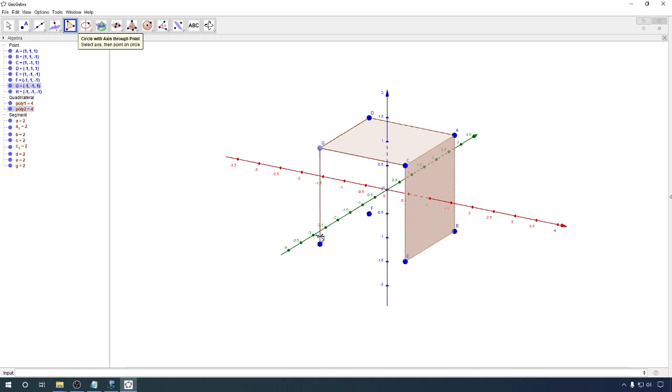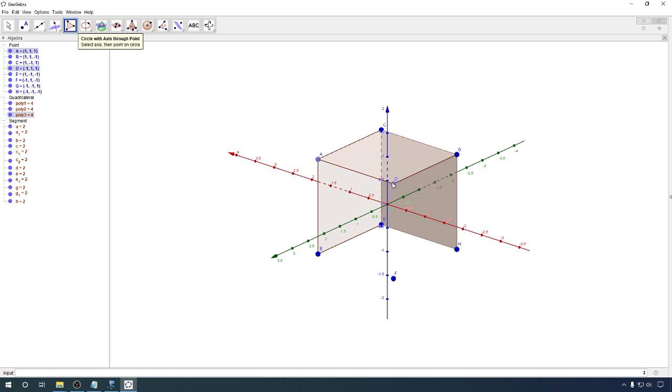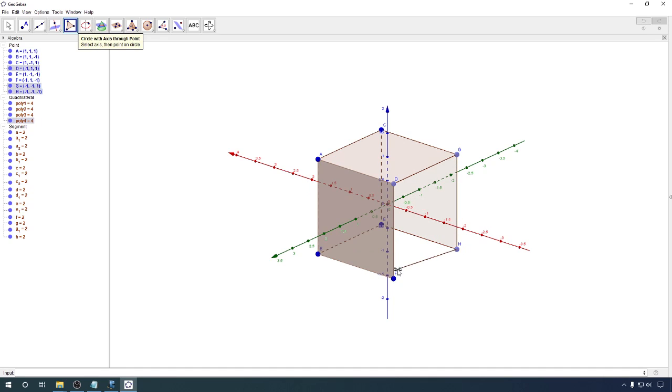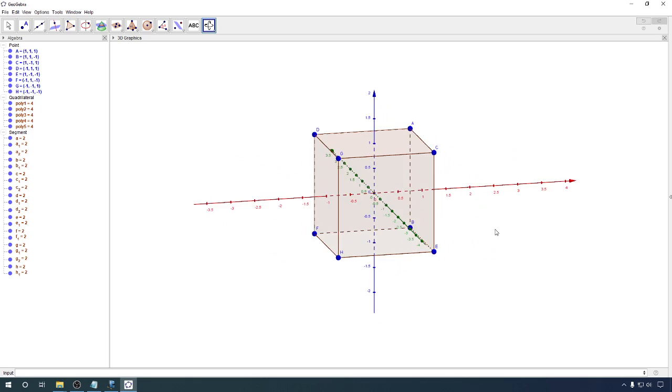There you go. There we go. There's our cube.